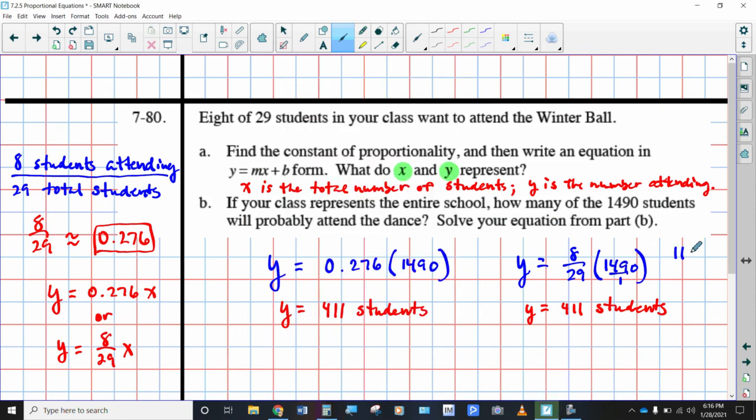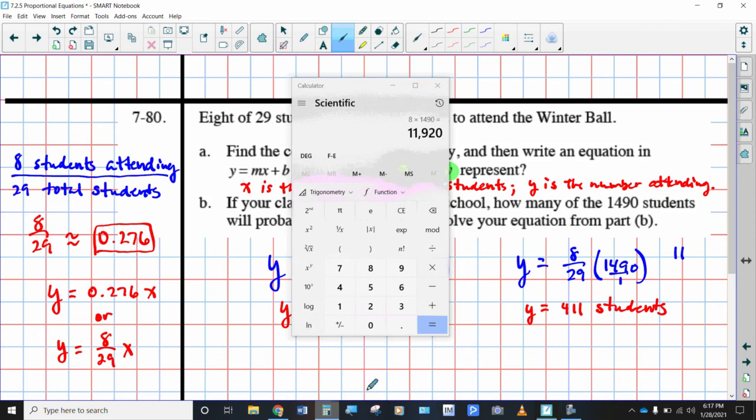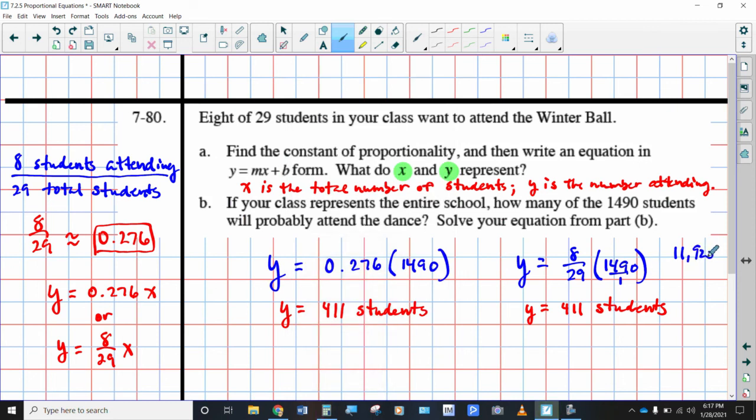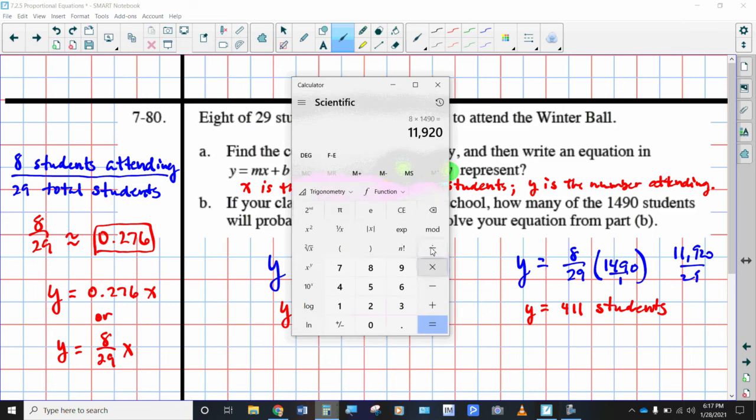So it becomes 119,200 over 29. So now let's do the division. Take that number, divide it by 29, and we get pretty much the same answer. It's a slightly different decimal portion of it, but it's still about 411.